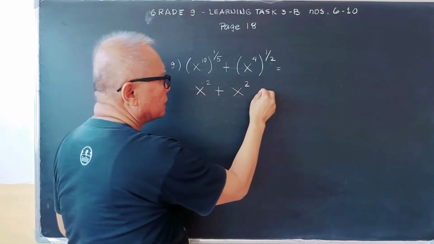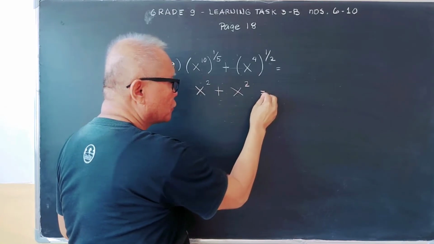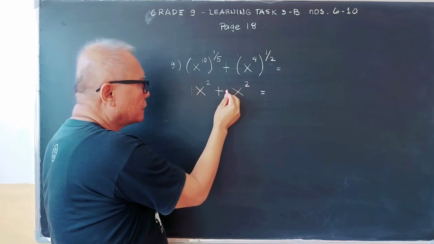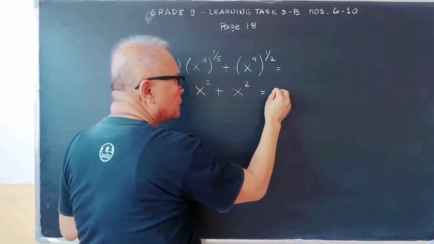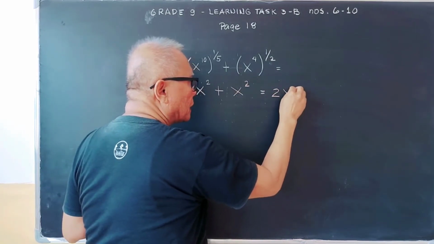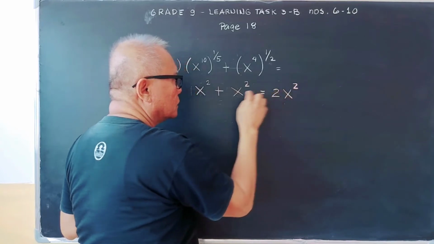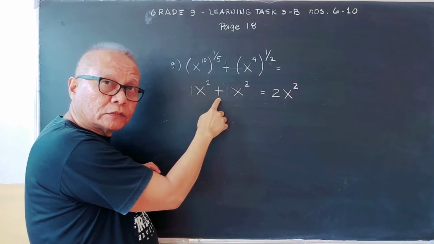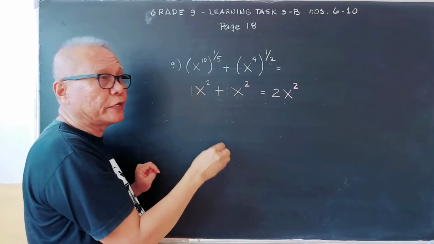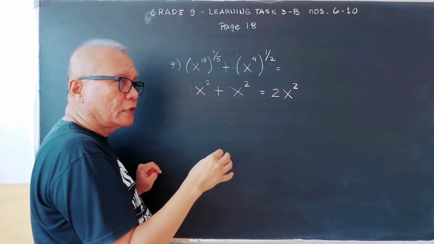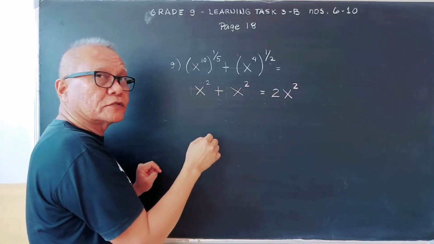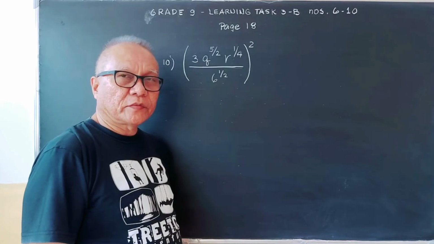So, anong gagawin natin dito? They are like terms. So, we add the 1 here and the 1 here. So, 1 plus 1 equals 2. Kopya. Huwag ninyong i-add yung exponent. Ito ay addition. Like terms sila. We add the numerical coefficients, but we just copy the literal part and the exponent also. Parehas.